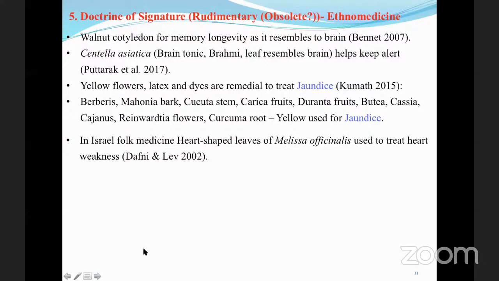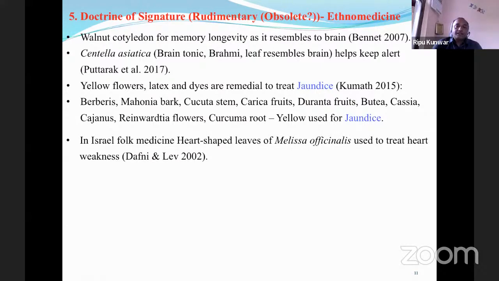While saying that, there is one practice, though it is obsolete or rudimentary in some countries: some plant collection is also based on the doctrine of signatures.